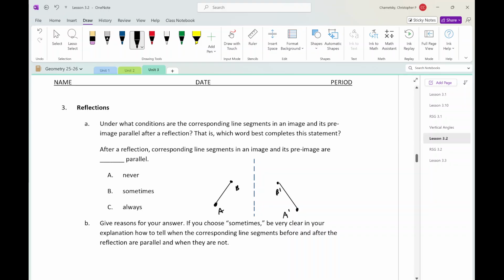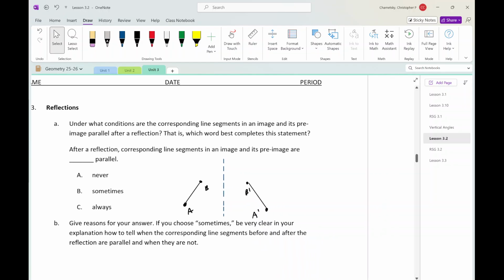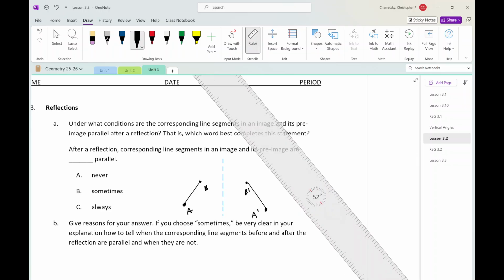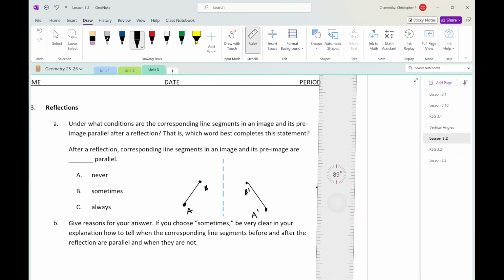Okay, so most cases we're not going to get that, keep that parallel segment. Okay, there's only one special case, and that is if I take my image or pre-image and it is lined up with my line of reflection.